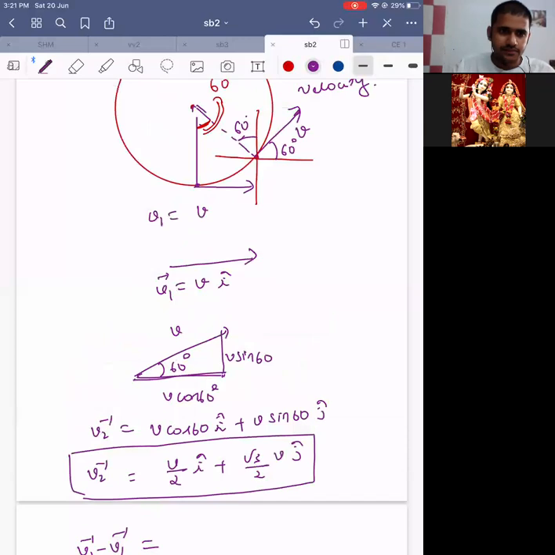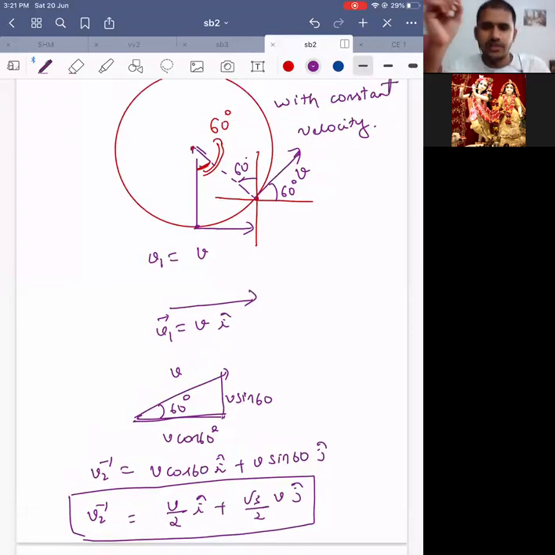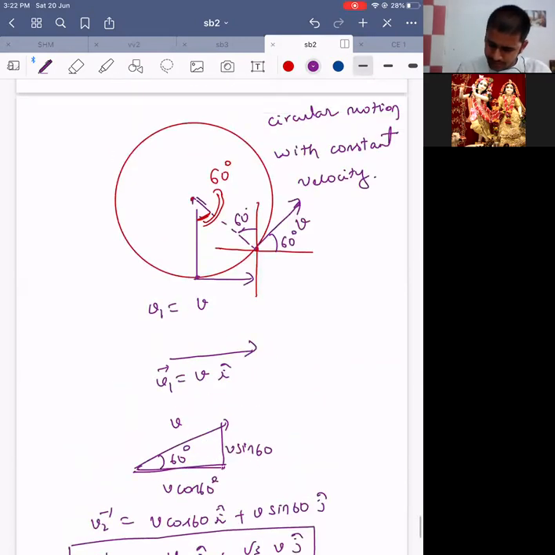So listen carefully again. Velocity is a scalar or a vector? Tell me first. Velocity is a vector. If velocity is a vector, then we need to do vector subtraction. We cannot directly subtract the things. How did you get V2?